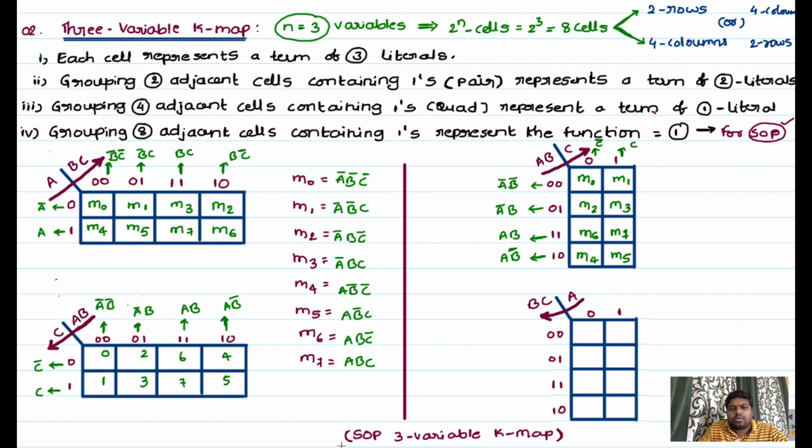Now I am assigning these binary bits with the complementary and uncomplementary variables. That is A bar and A, and this one is B bar C bar, B bar C, BC, BC bar. Now you can fill these square boxes.